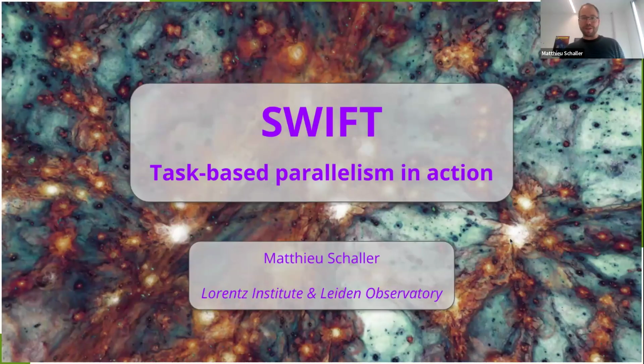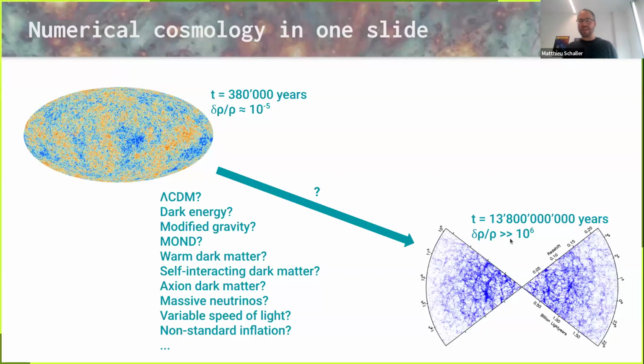Okay, so maybe just a tiny bit of context on what I'm interested in. I do numerical cosmology. I'm interested in understanding how we go from the cosmic microwave background on the top left here to the present day map of the universe on the bottom right here from a galaxy survey. So essentially taking the universe from 380,000 years old to the universe now, which is 14 billion years old or so.